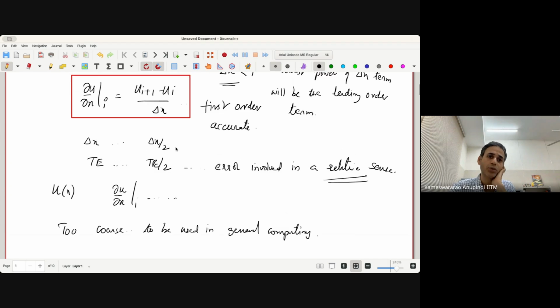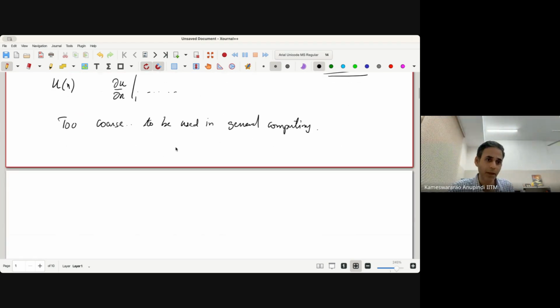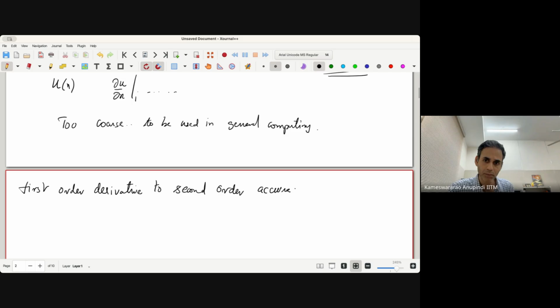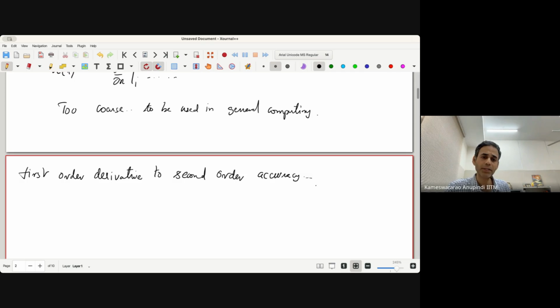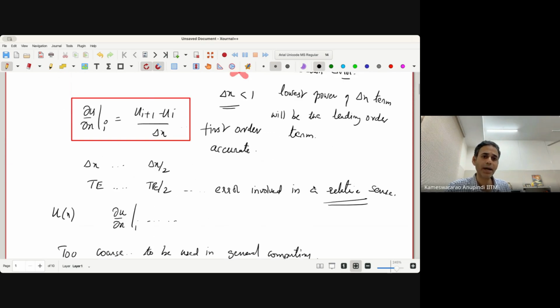So then let us try to derive a first order derivative to second order accuracy. Now, this essentially calls for us to include more points, because earlier we have only used the points i and i plus 1.